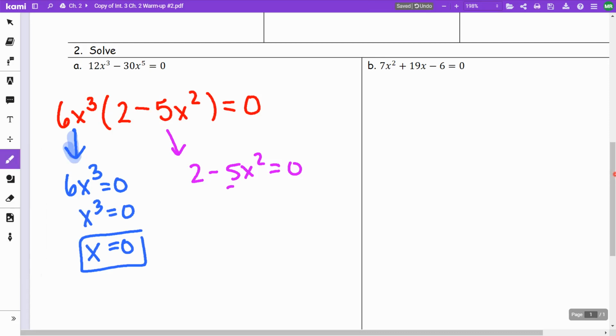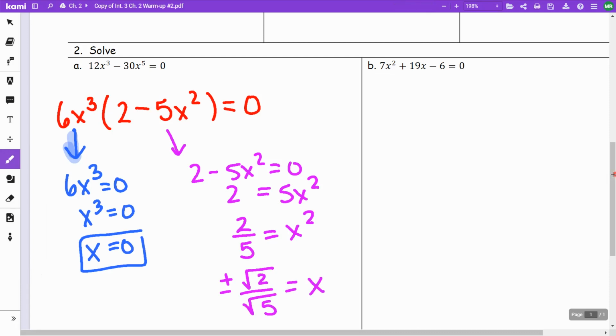Over here, I'm going to add 5x squared to both sides. I'm going to divide by 5. And then I'm going to take the square root of this. And when I take the square root of this, I am going to get a positive and negative square root of 2 over square root of 5.